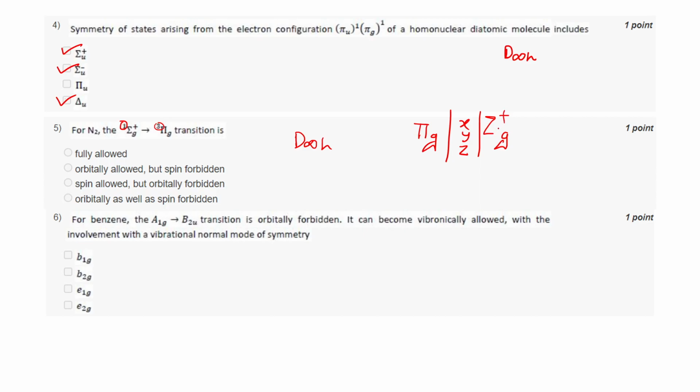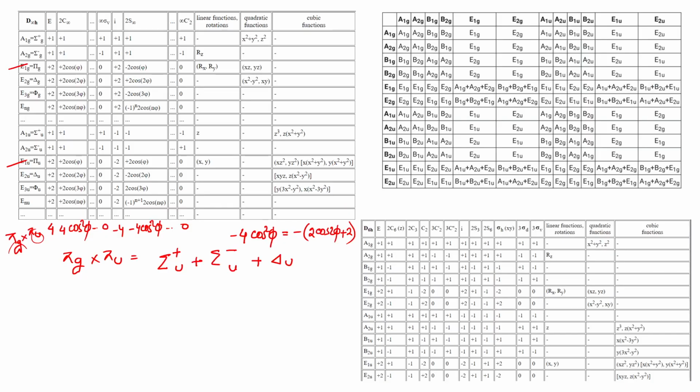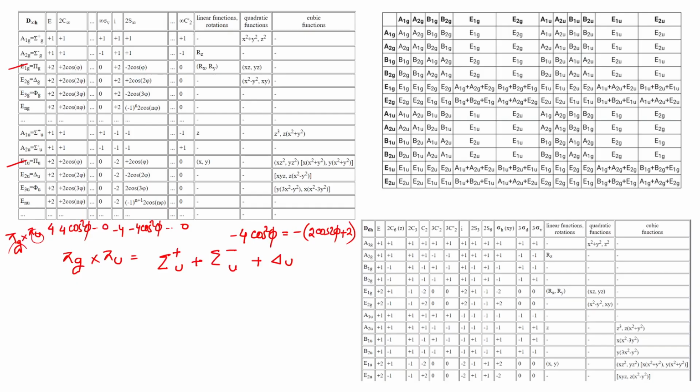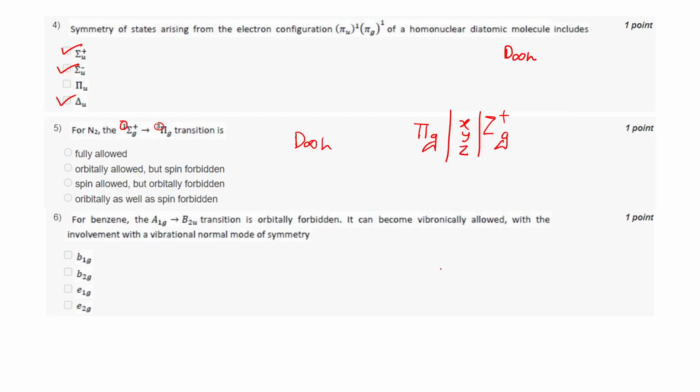Okay, let us check again. So pi g is like this. So there is no xyz component. So pi g into sigma g plus, that is a totally symmetric one. So this is a1g. So you don't have to bother about this.